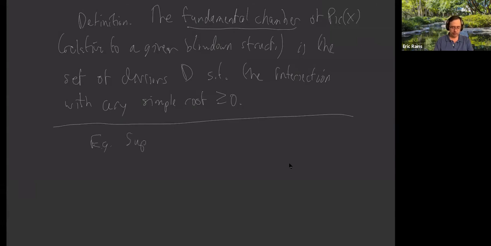Suppose D is numerically a -2 curve, so it has self-intersection -2, and it's orthogonal to the anticanonical curve. Okay, and so the natural question is: is D represented by a smooth curve?